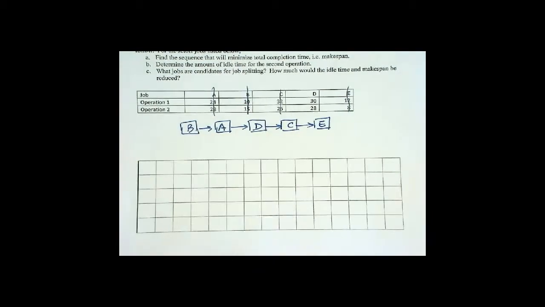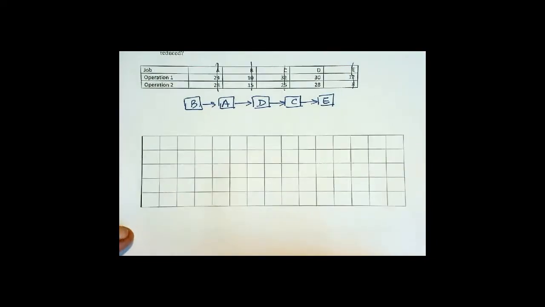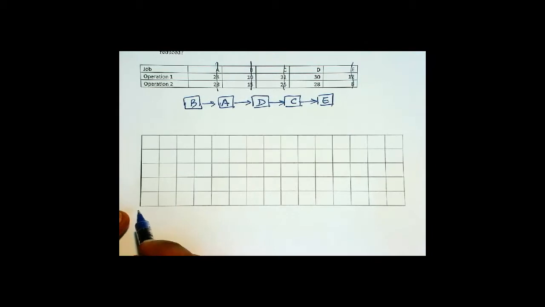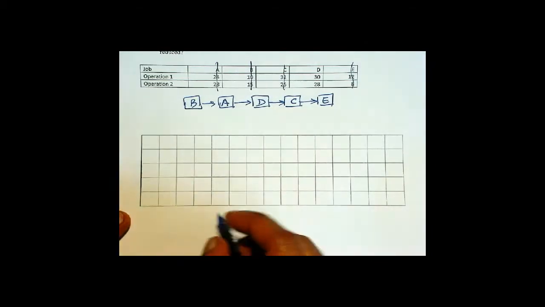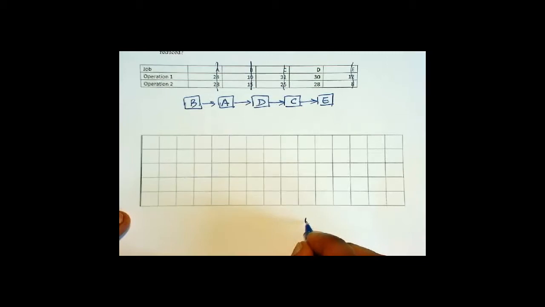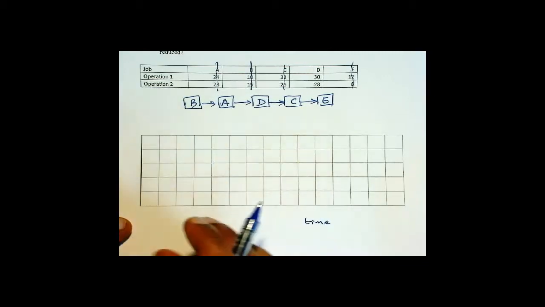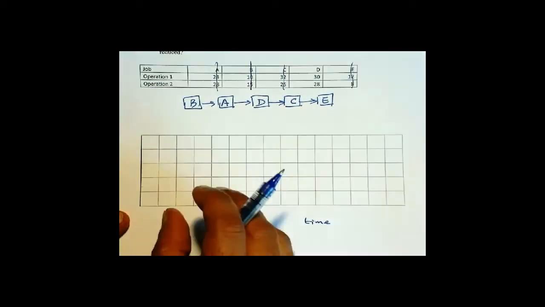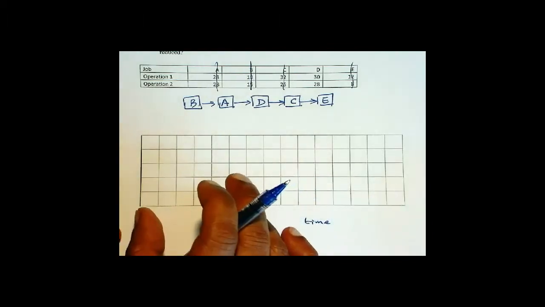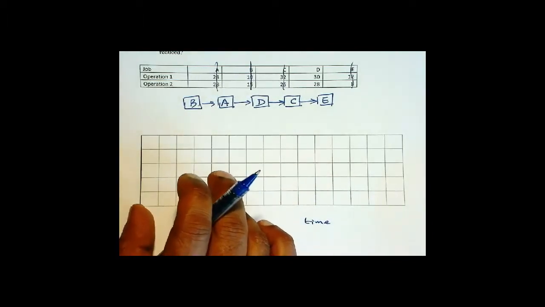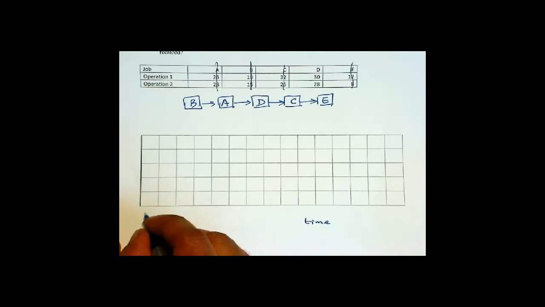Now we need to figure out the makespan. So we have to set up a scale for the x-axis, which is time. Remember, this is time. And you need to be generous. Don't skimp, because if you're not generous, your Gantt chart will get all squished up and you can't read anything. So it requires a little bit of trial and error.